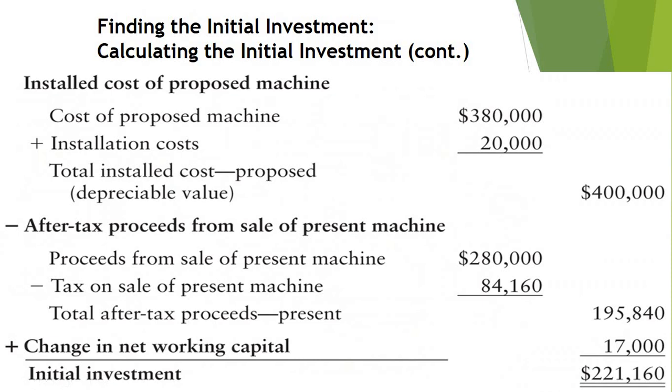Based on this information, there will be a positive change in net working capital, so we have to add the change in net working capital of $17,000. Based on the above calculation, the initial investment for the firm will be $221,160.